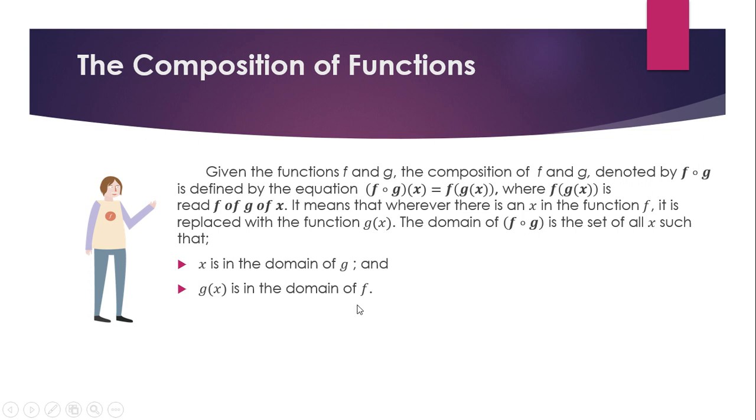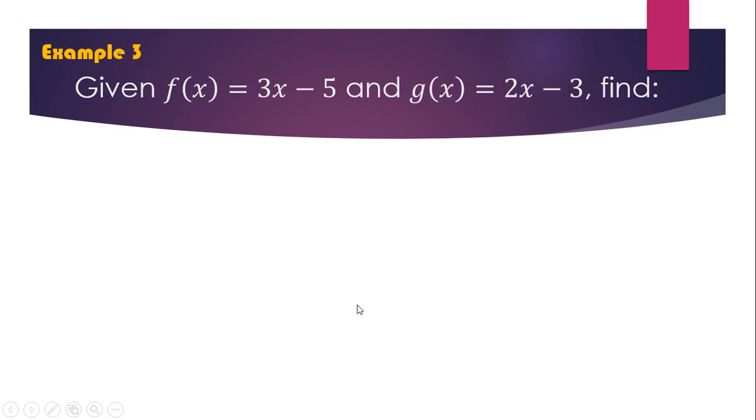So let's apply that to the following examples. Example 3. Given f of x is equal to 3x minus 5 and g of x is equal to 2x minus 3. Find letter A, quantity of f circle g of x, and letter B, quantity of g circle f of x.